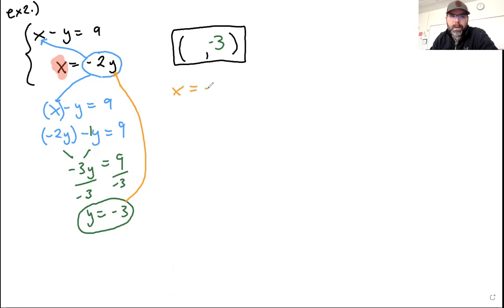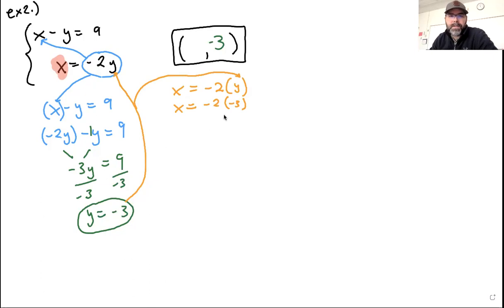X equals -2 times y. All right. So this really is going in for this y right here. All right, so let's plug it in. All right, that's step 4.